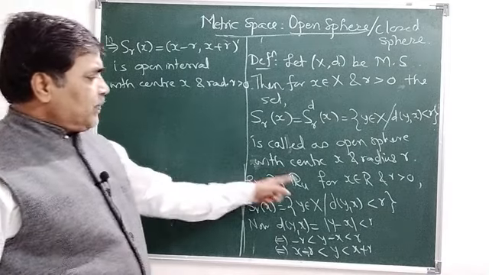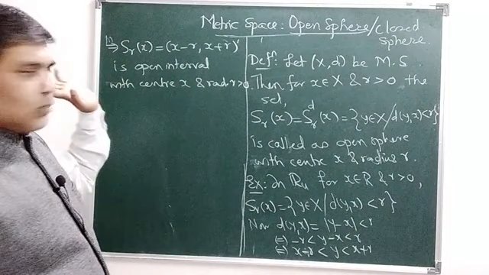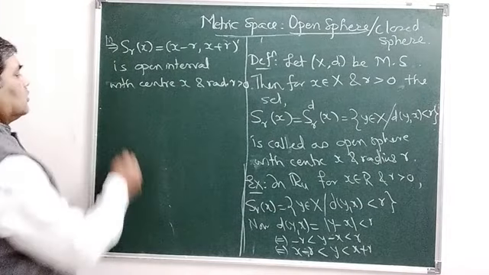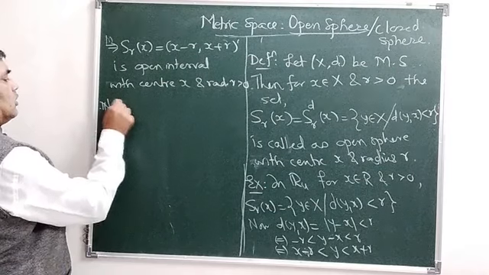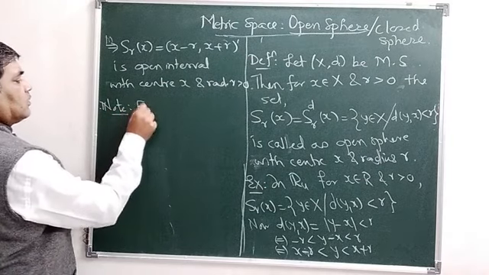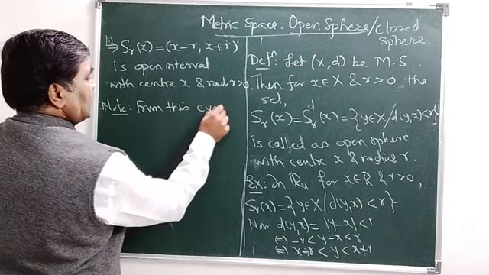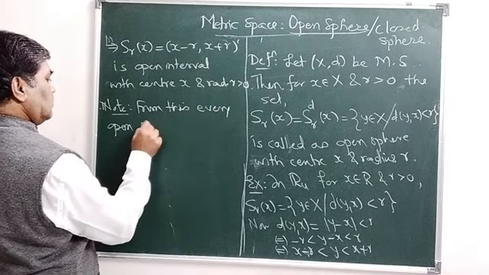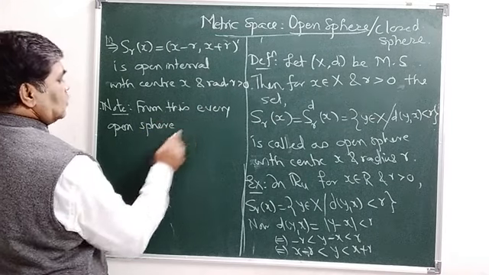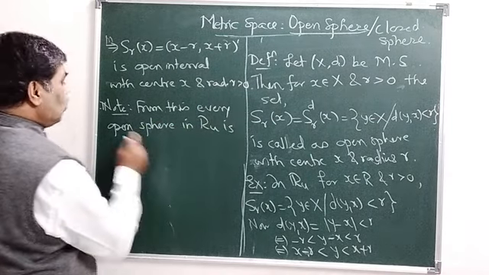So what is the open sphere? The open sphere is nothing but this one. So thus, from this, every open sphere in R with the usual metric is an open interval.